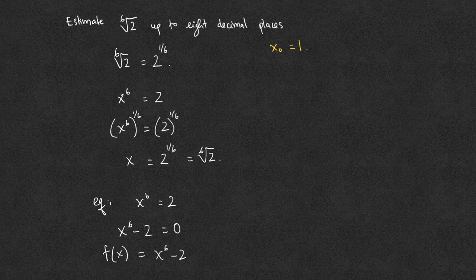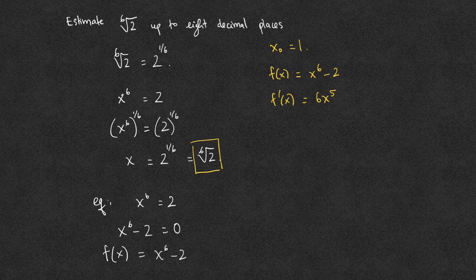This is not a solution, not yet, but it is a number that is close to the sixth root of 2. We then find the derivative of the function. If f of x is x to the 6 minus 2, then f prime of x is 6x to the 5th.